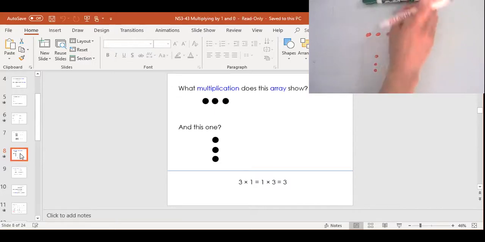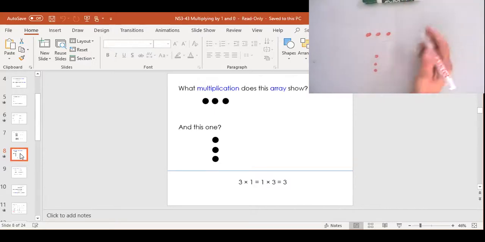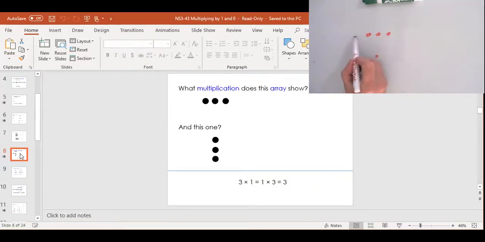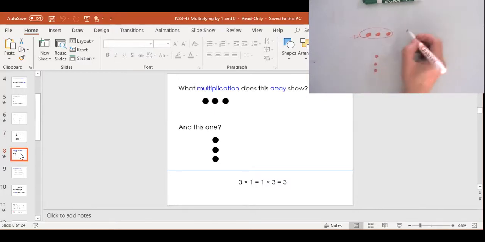So what would the multiplication be for this one? This is the rows. So how many groups? There's one group of 3. This one, there's a group, there's a group, there's a group.